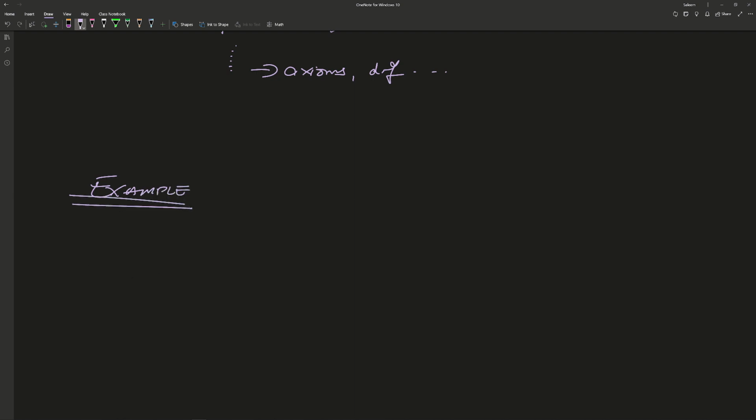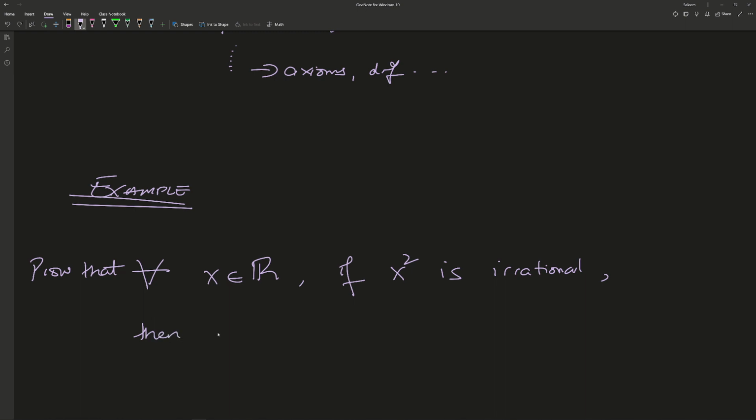Suppose in this example I am asked to prove, let's give it the restatement immediately: prove that for all x in the set of real numbers, if x squared is irrational, then x is irrational.